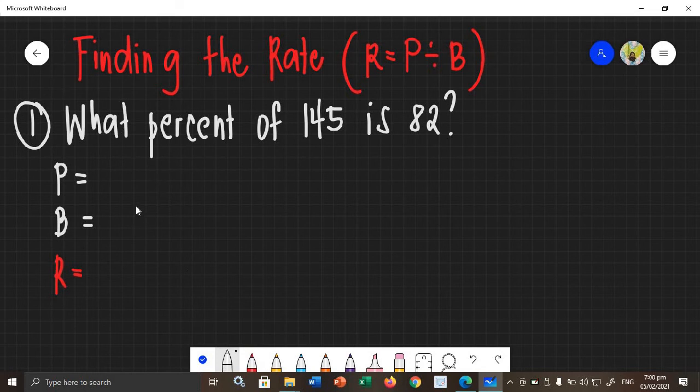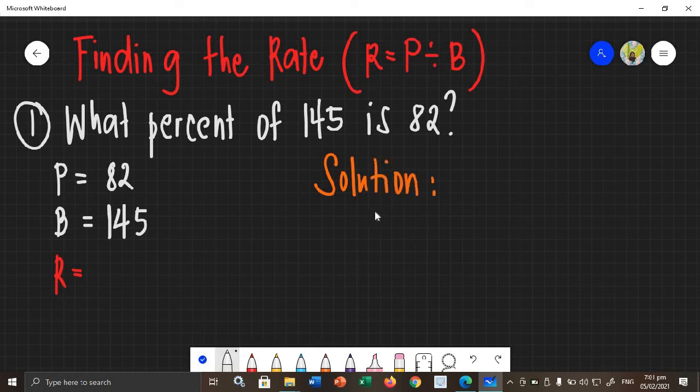Okay? Yung percentage natin is the smaller number. So, that is 82. Base natin is 145. And we are looking for the value of the rate. Okay, so this will be our solution.